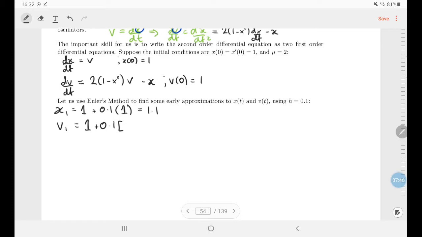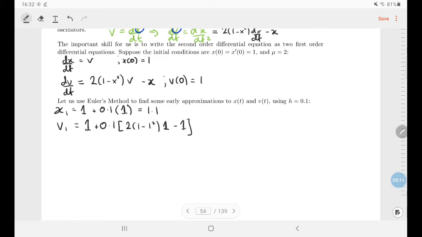The slope is this 2(1 minus x squared). There's a confusion here between the x and the t, but anyway, the previous x was 1, times the previous v, which was also 1, minus the previous x, which was 1.